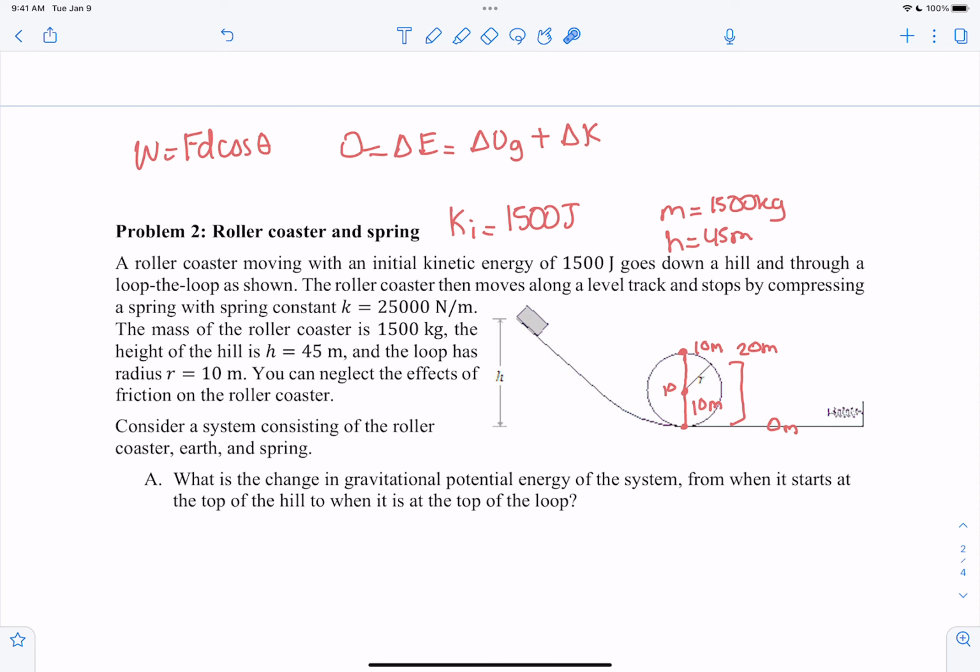That work is equal to your change in energy, which is the sum of all the energies in question. So there's a change in gravitational potential energy and a change in kinetic energy. That's equal to the change in energy, and it's equal to the work done.